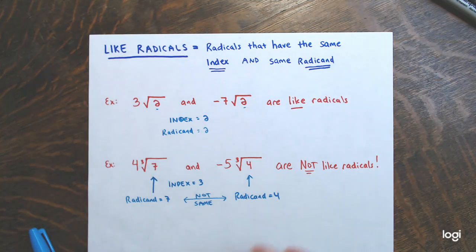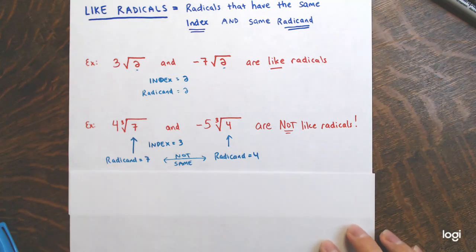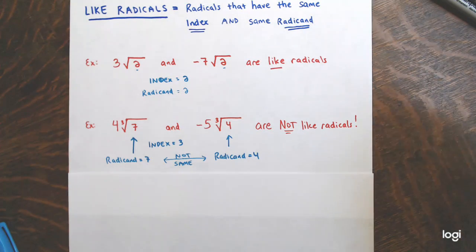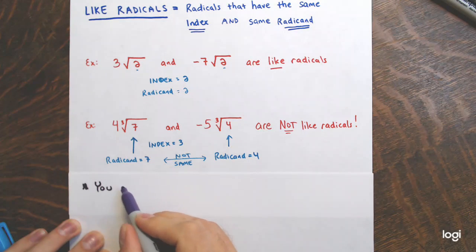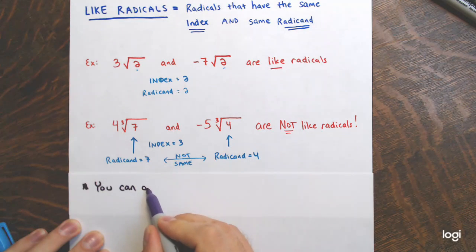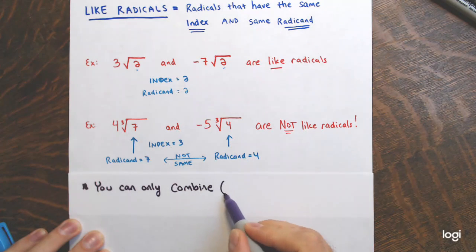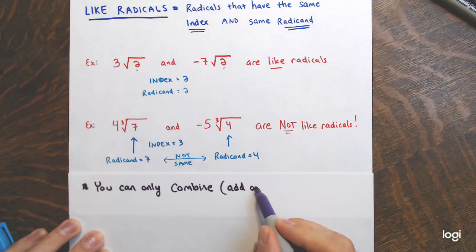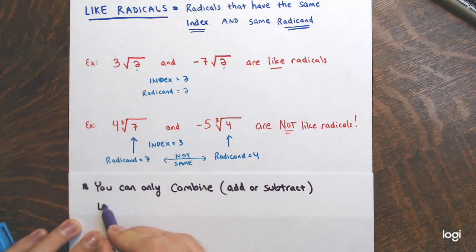Now, the reason this is brought up, what it means for two radical expressions to be like, is because when I'm asked to add and subtract radical expressions, you can only combine, and by combine I mean add or subtract, like radicals.